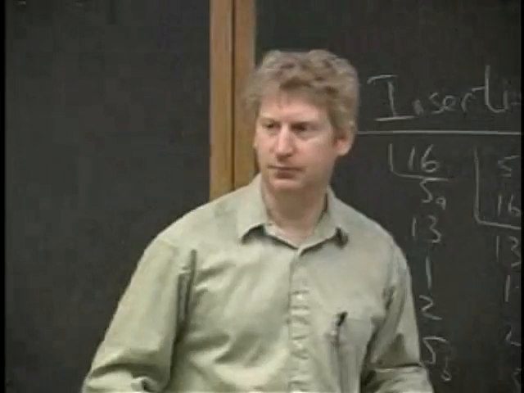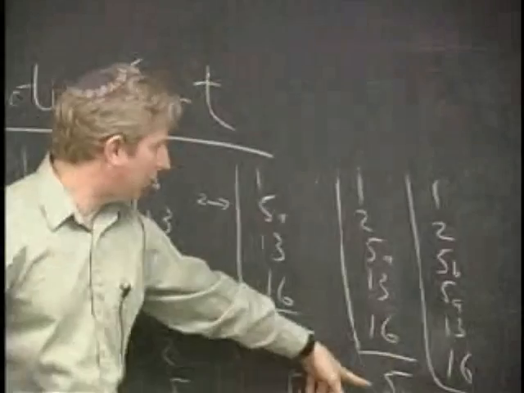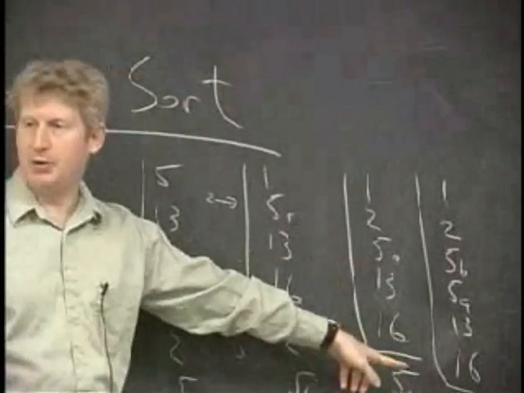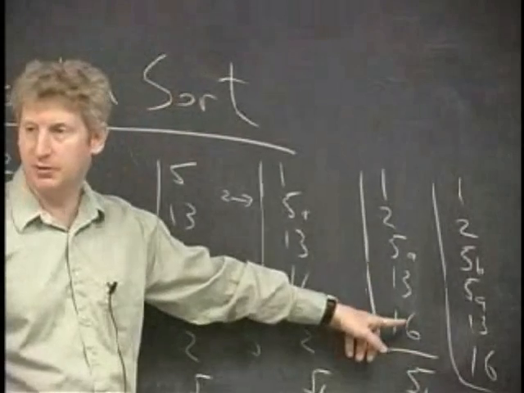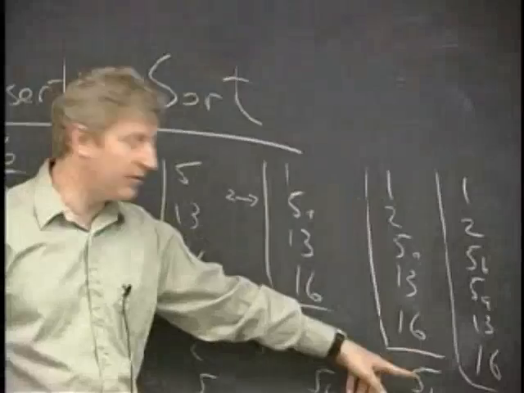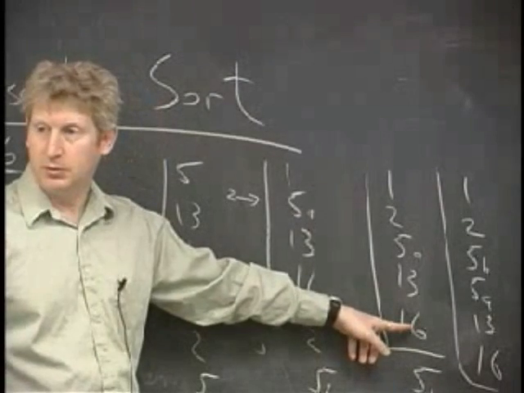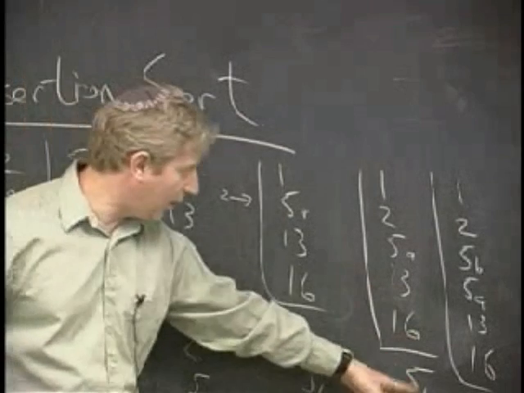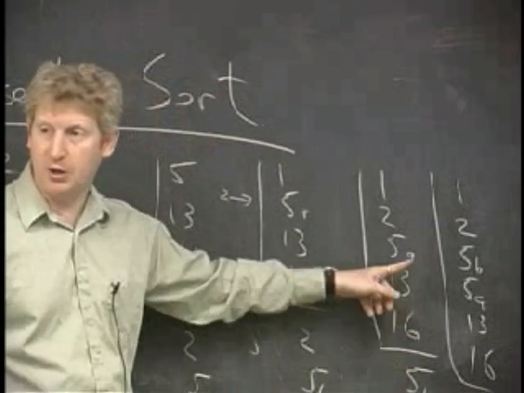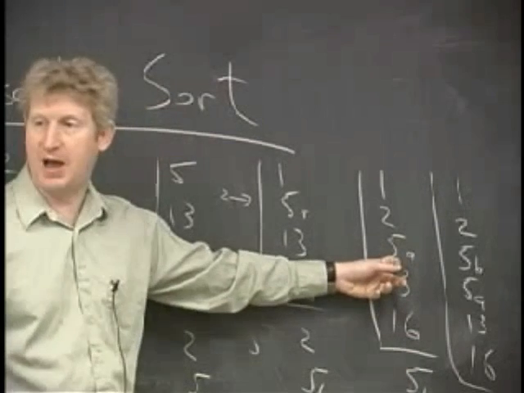I do have a question. How would you get 5b ahead of 5a? What do you have to do to make that happen? So over here, when we're moving our way up and deciding when to stop, we're testing whether this is bigger than or equal to this. If it's bigger than or equal, then we're not going to move up any further. So if we do it that way, where the ones at the bottom are bigger than or equal, then they'll stay here underneath 5a.